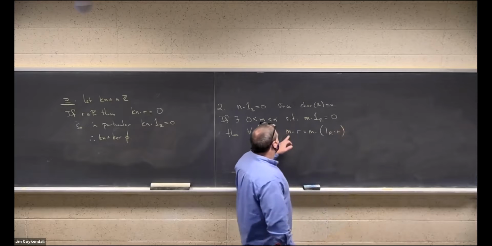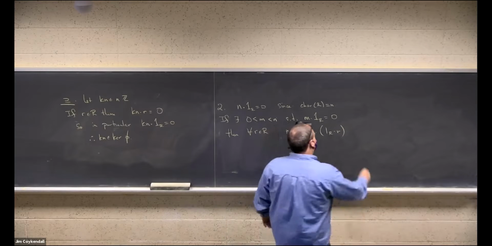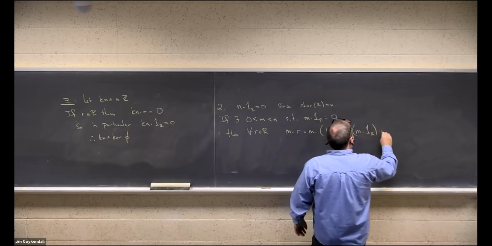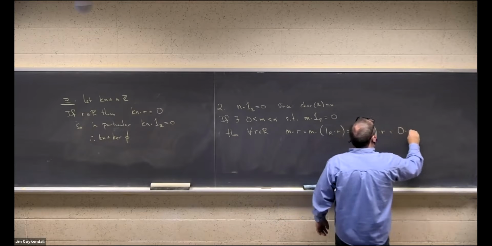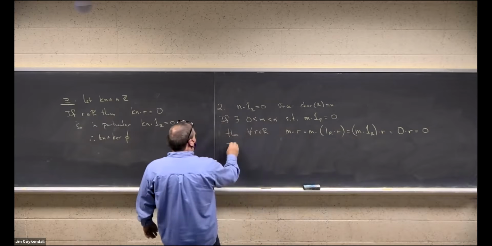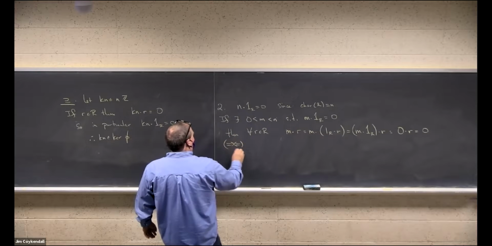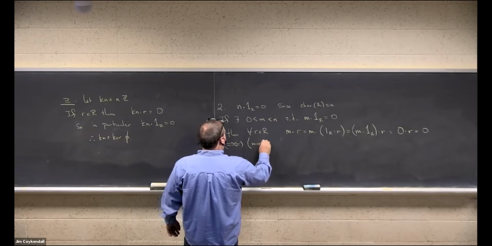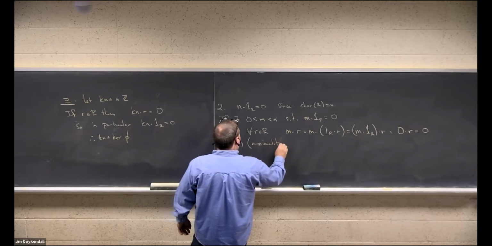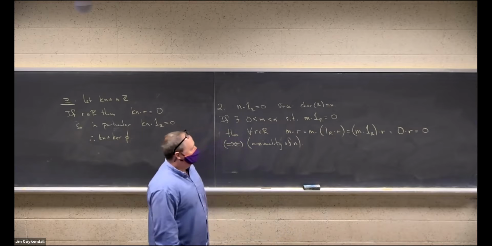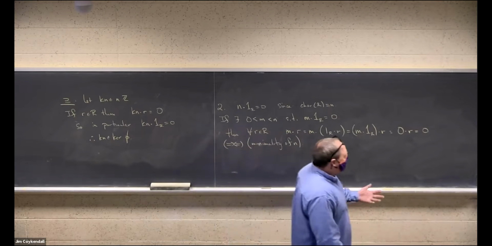m times r is m times 1r times r, which is 0 times r. So here's a contradiction of minimality.